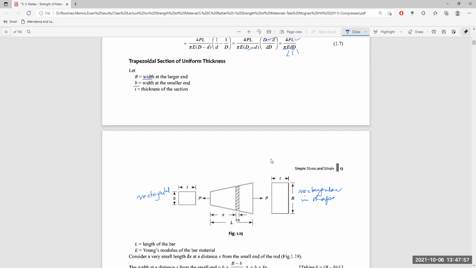T is the thickness of the section itself, and it is the same at the left end as well as at the right end. The total length is L, and we are considering an element of length delta x at a distance x from the left end.